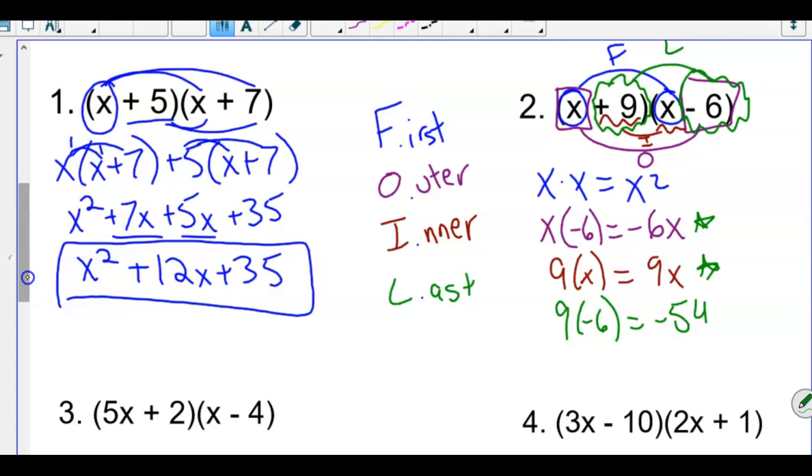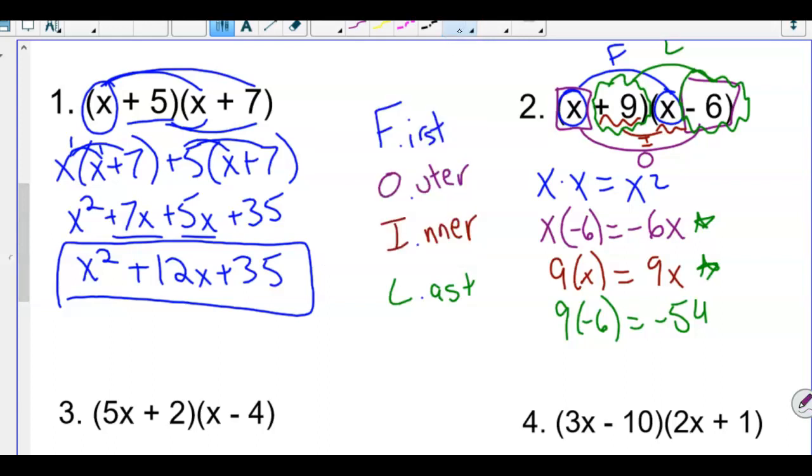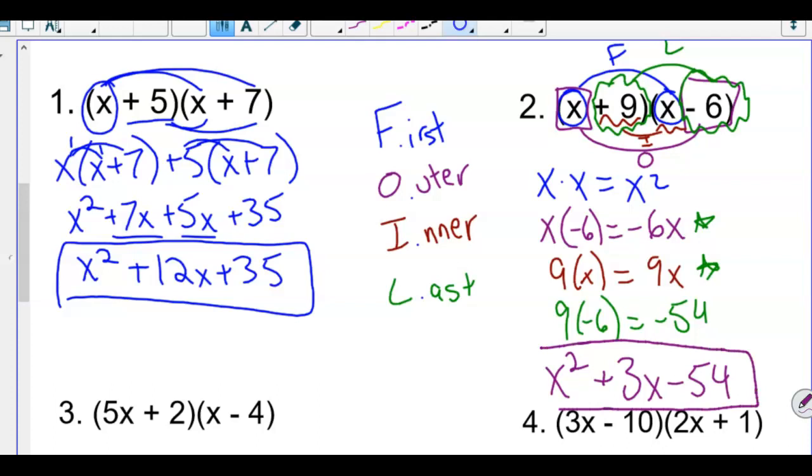Negative 6x and positive 9x, if I were to combine those, I would get positive 3x. So listing this all out, I need my variables that have exponents first, then my variables, and then my constants. I have nothing I can combine here. None of these are like terms, so this would be my final answer. This way of distributing is the same as the first way we did it. It's just written differently. So you can really do this either way.